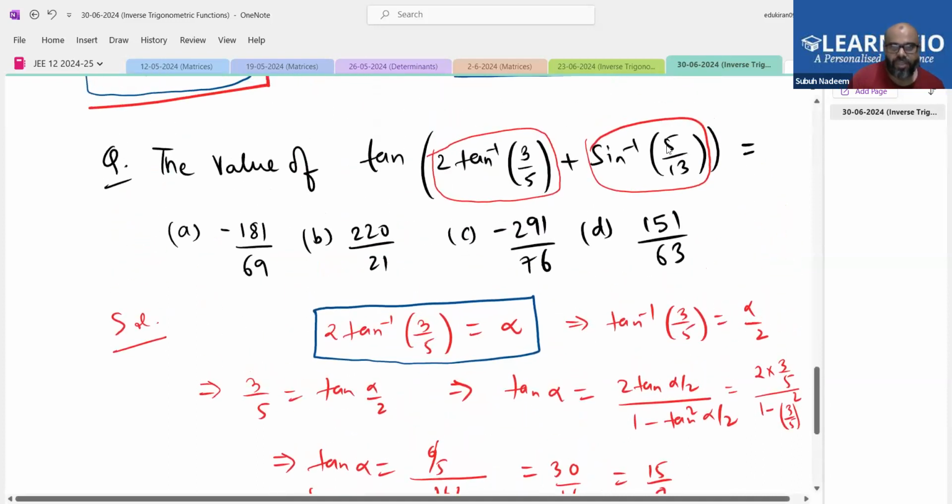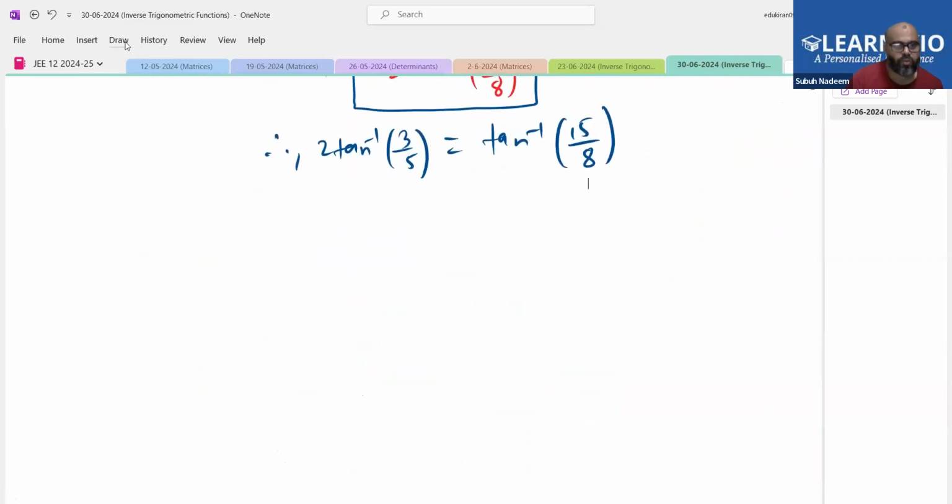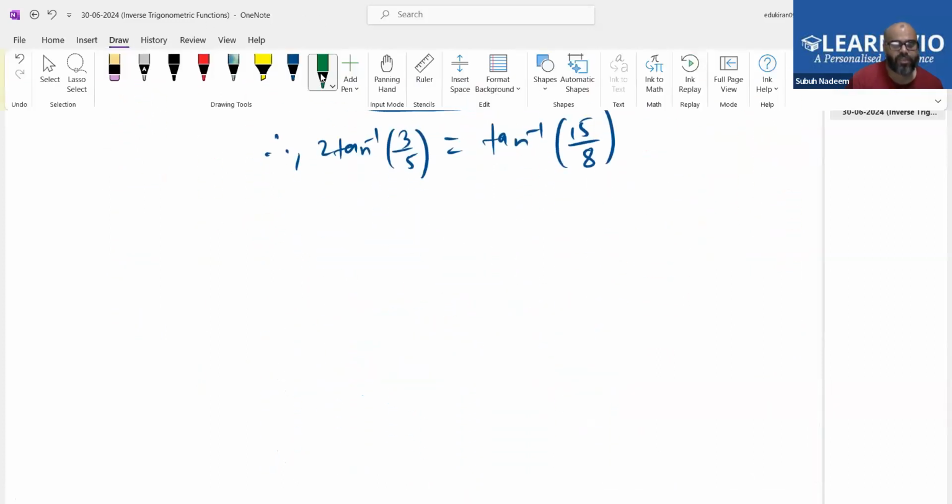So another term is sine inverse 5 by 13. So what should we do with sine inverse 5 by 13? Yes, sir, I didn't complete writing it.